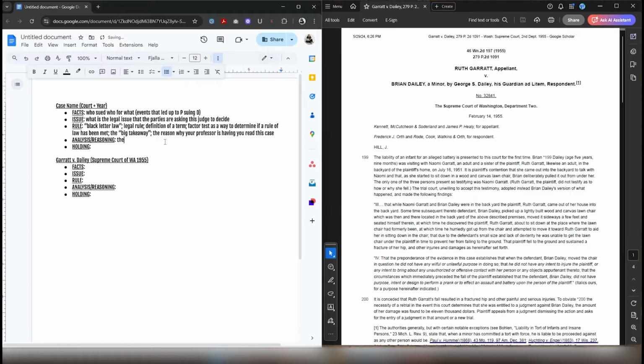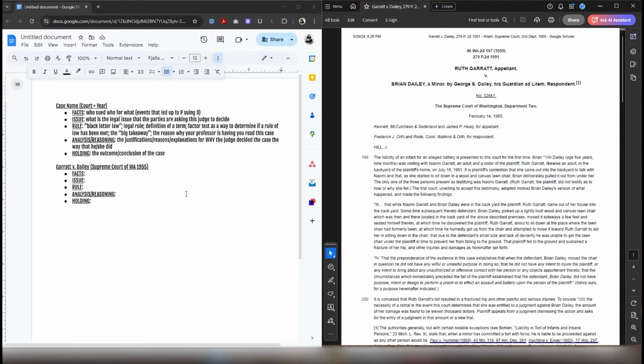Analysis slash reasoning are the justifications, the reasons, the explanations for why the judge decided the case the way that he or she did. And the holding is the decision, the outcome, the conclusion of the case.